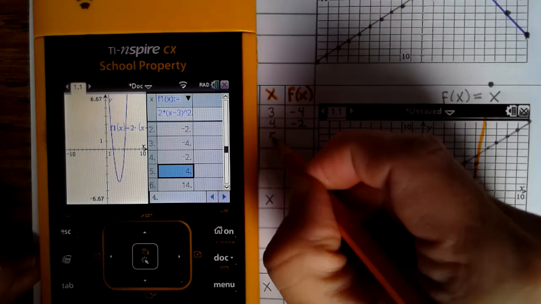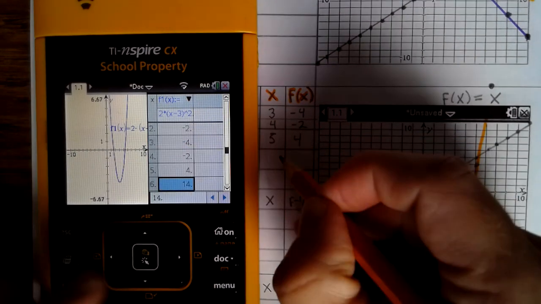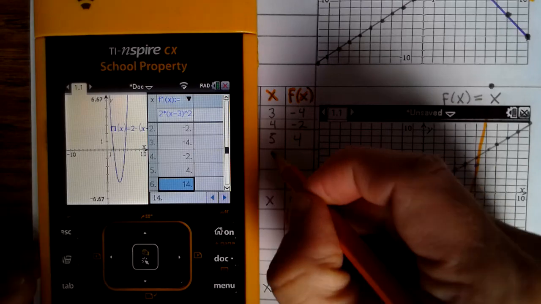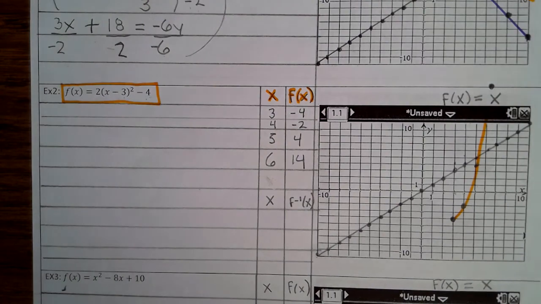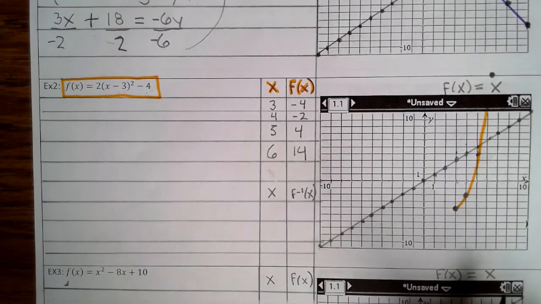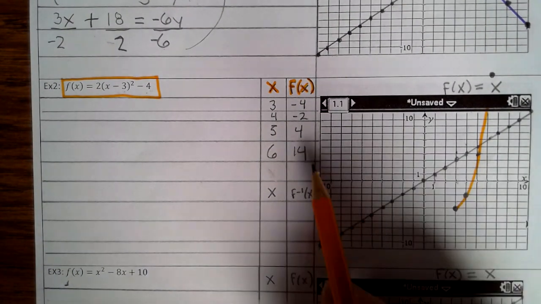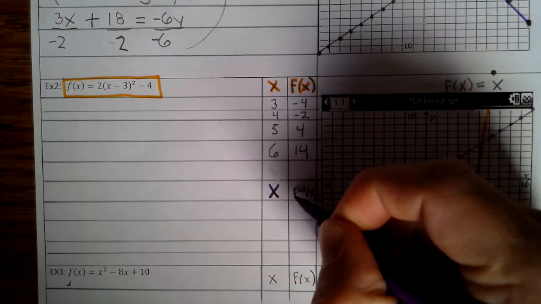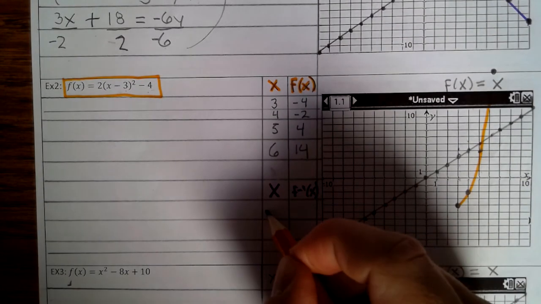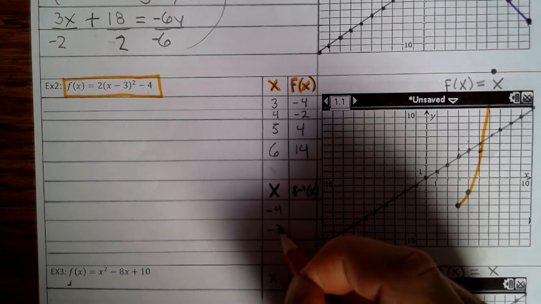The reason why I'm doing it this way is because we know with an inverse, all we have to do is switch the x and y values. Okay, so our inverse values are negative 4, 3, negative 2, 4, 4, 5, and 14, 6.